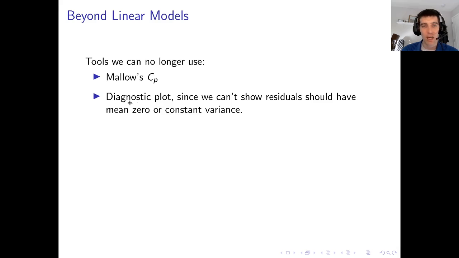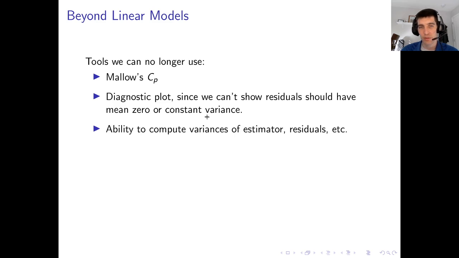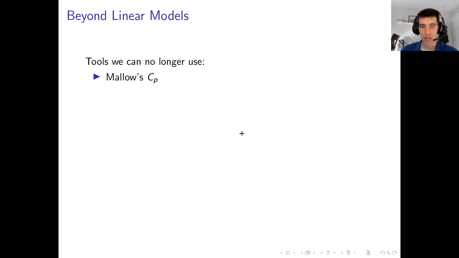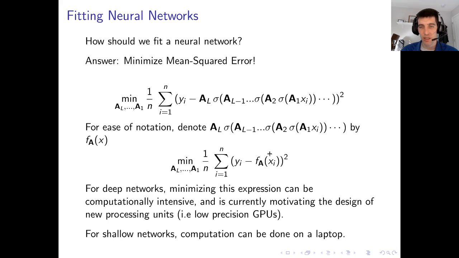We can't use diagnostic plots anymore, since we can't show that the mean zero assumptions give us mean zero or constant variance in the residuals. We also lose the ability to compute variances, such as the variance of the estimator beta hat or the variance of the residuals, because of this complicated relationship between our input and our prediction.